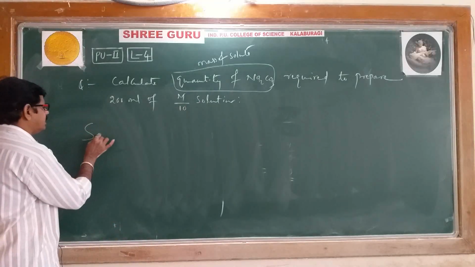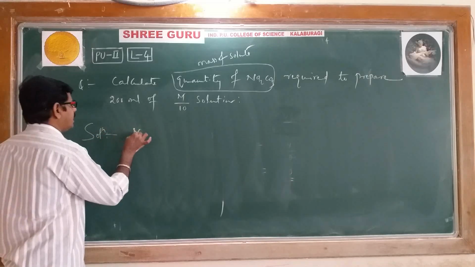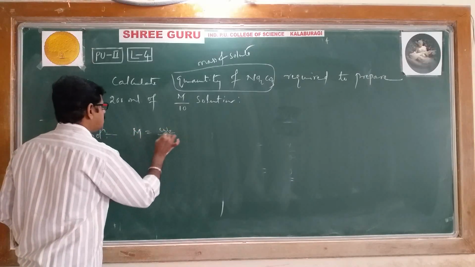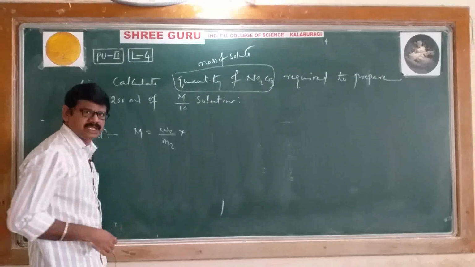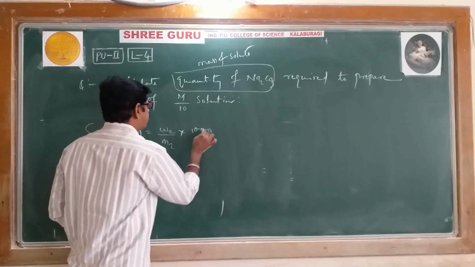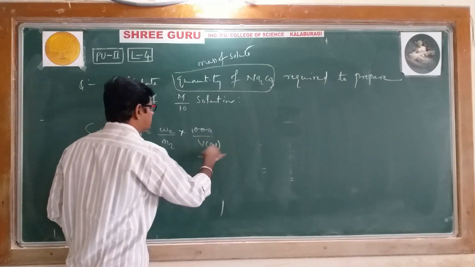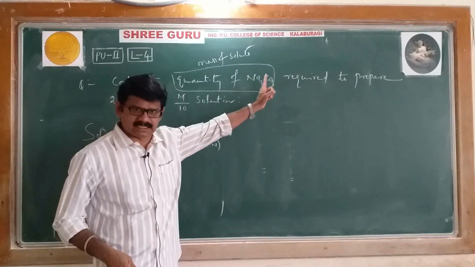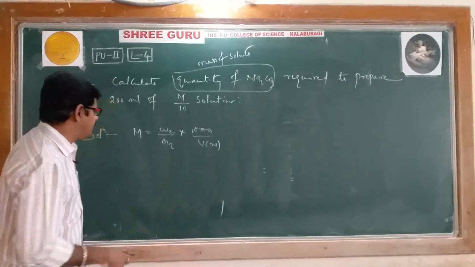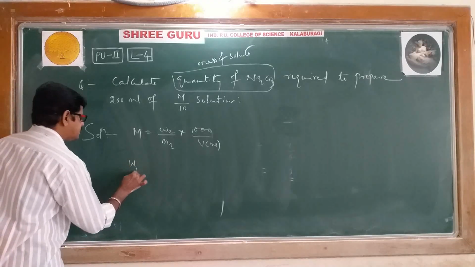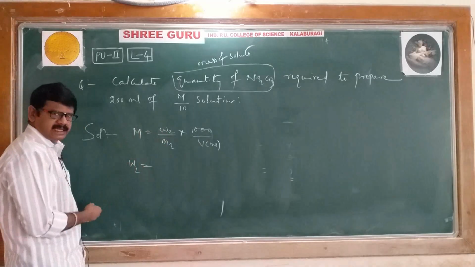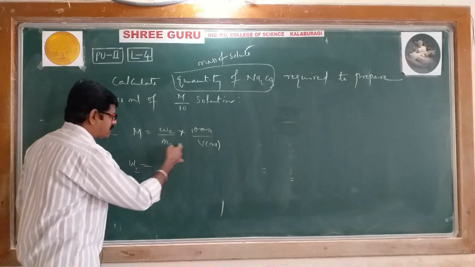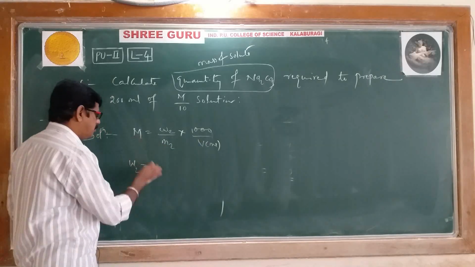Again, we'll write our regular formula. That is, molarity is equal to mass of solute by molar mass of solute into 1000 divided by volume in milliliters. Now in the question, the quantity, nothing but a mass, is being asked. That's why we bring W2 to the LHS. These three we have to cross multiply.